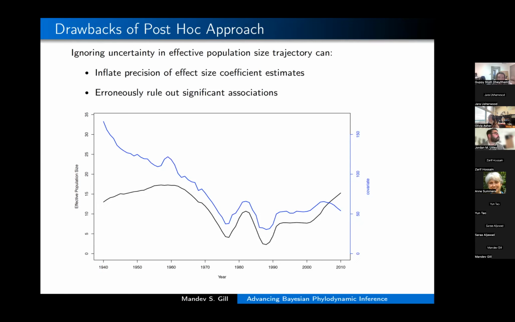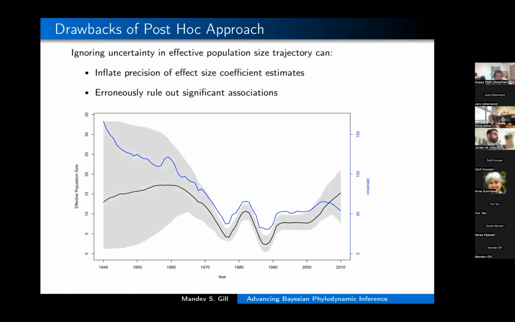So here, for example, we have the mean effective population size trajectory in black and the covariate in blue. If you compare the two curves, we see a strong correspondence for much of the timeline, but there's a great divergence between the two on the left side of the plot, and then also a notable divergence on the right side.